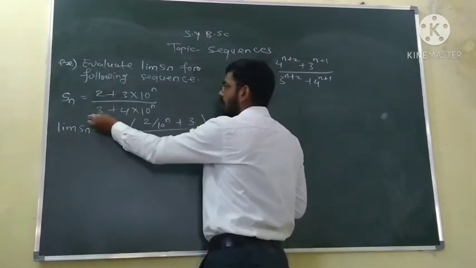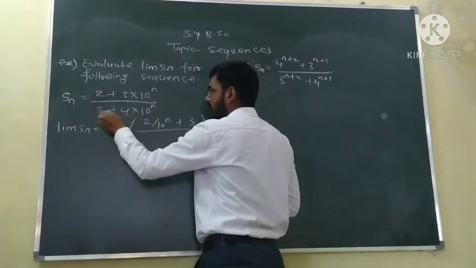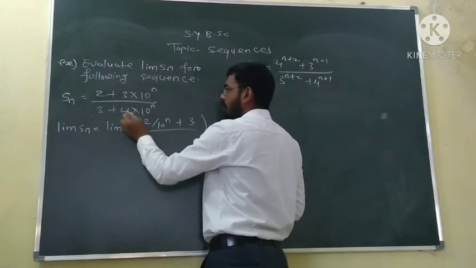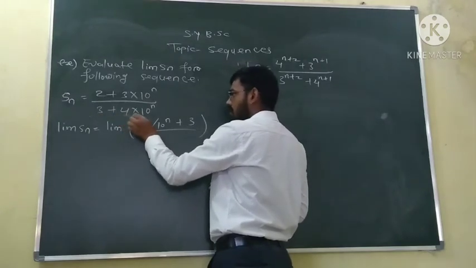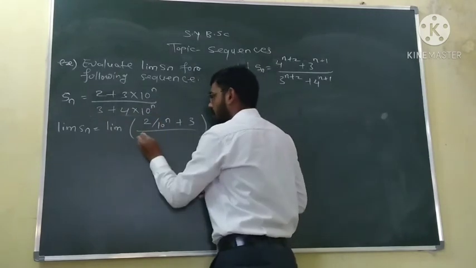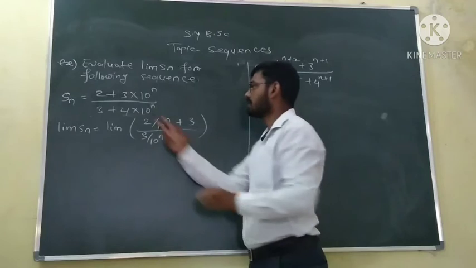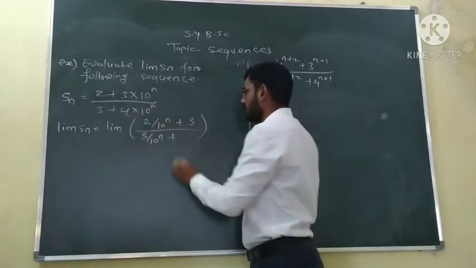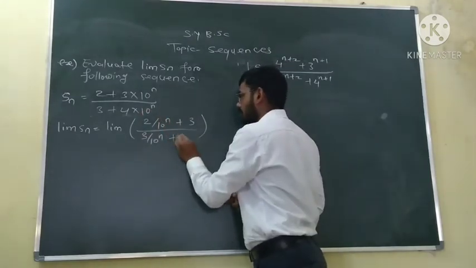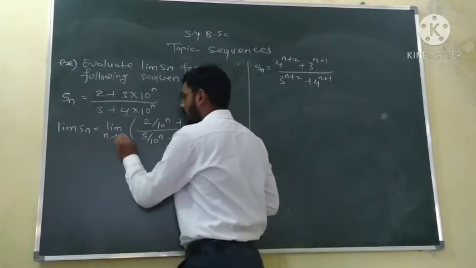Here also divide the whole term by 10 raised to power n, so 3 upon 10 raised to power n plus, here 10 raised to power n gets cancelled, so plus here remains only 4. Limit n tends to infinity.